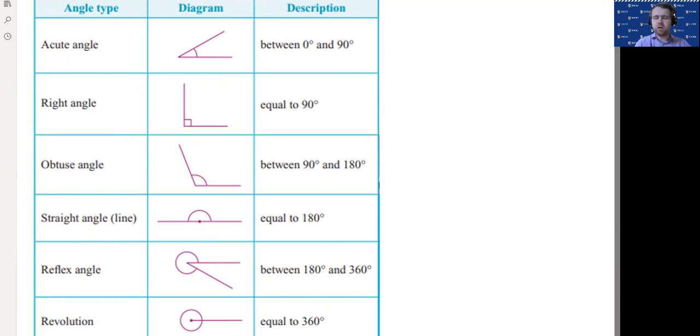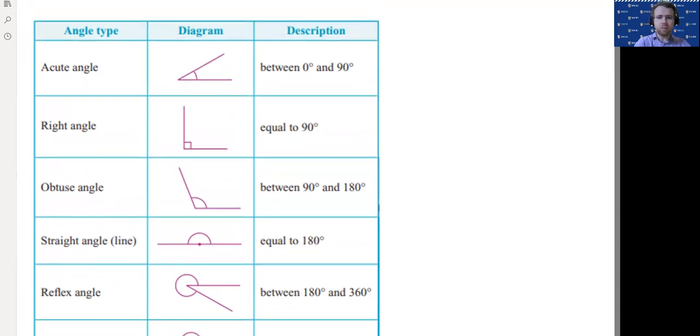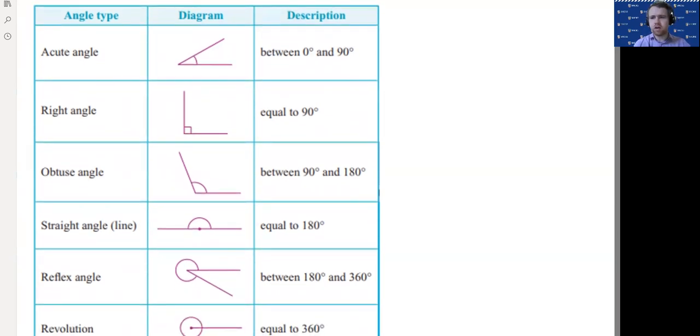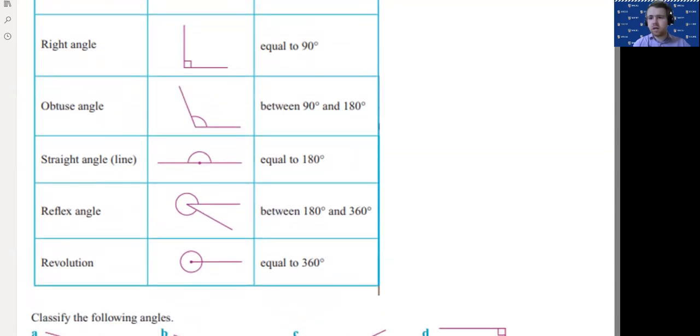There's different ways that you can remember that obtuse is bigger than 90. You could think about obese as being big or something like that. That's up to you. But that's how we remember what an obtuse angle is. Now, 180, as we're aware, is half of 360. So we're halfway round to a full revolution.